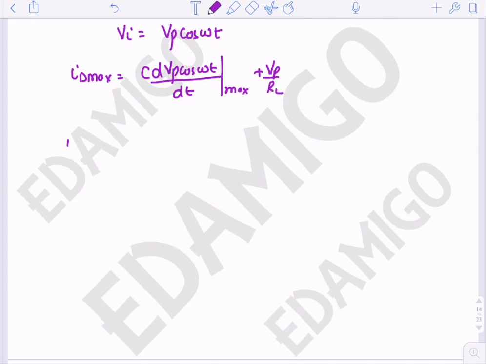So ID max will be equal to minus C omega Vp sin omega t, maximum in the time duration T3 to T4, plus Vp upon RL.